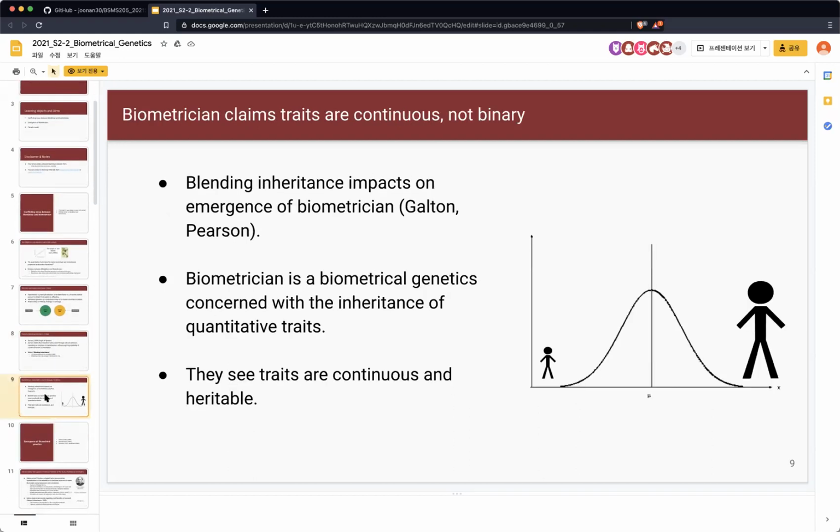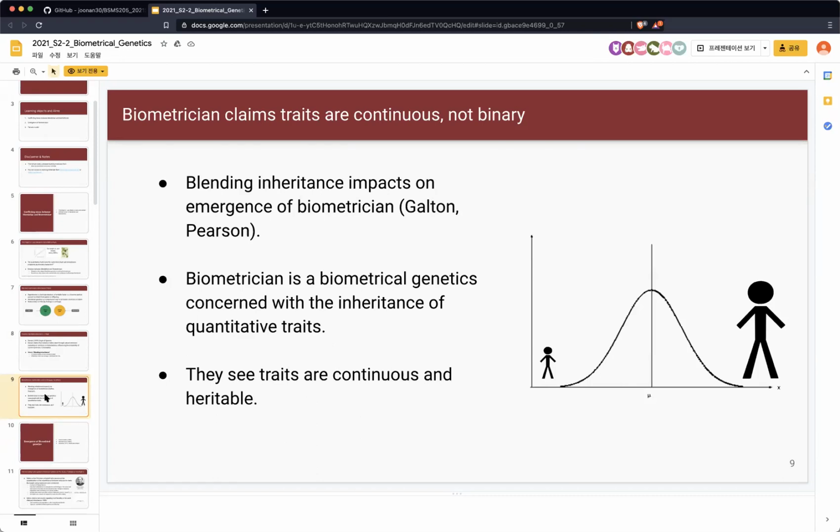So what did biometricians claim about traits from Darwin's idea? The biometricians were mainly working in British society in the late 1800s, and they naturally interacted with the Darwinian perspectives, and also Charles Darwin as well. So the biometricians inherited their idea about the blending inheritance model, and also thought about gradualism and trait variability, right?